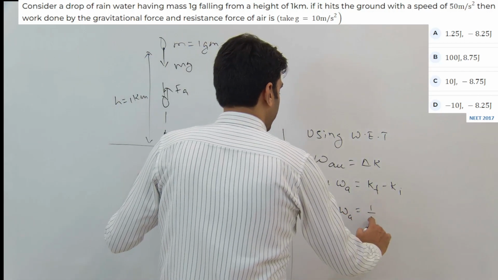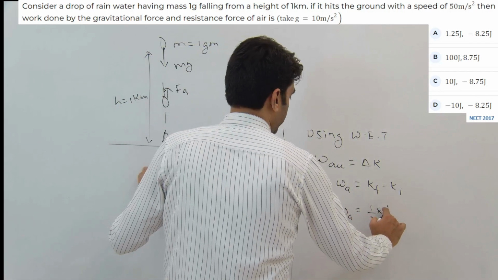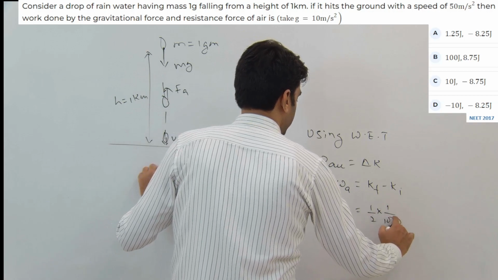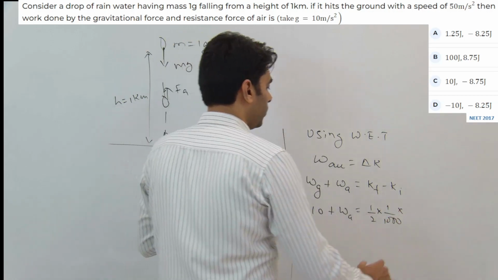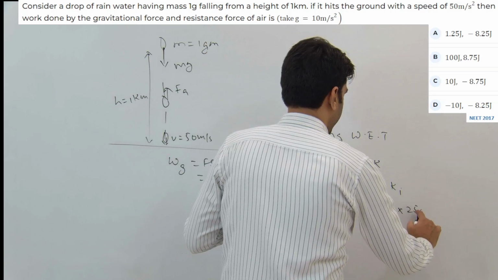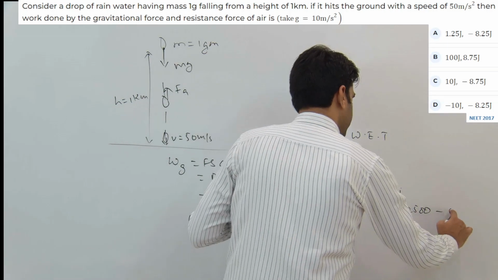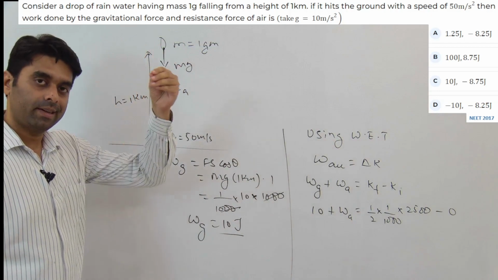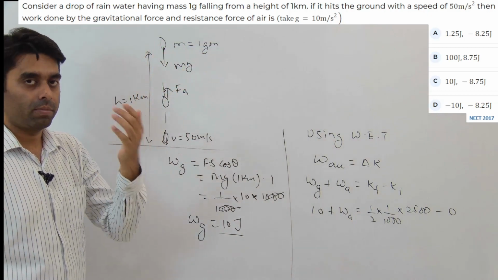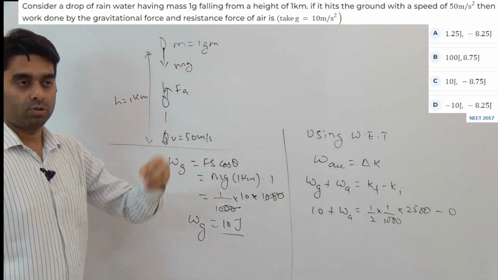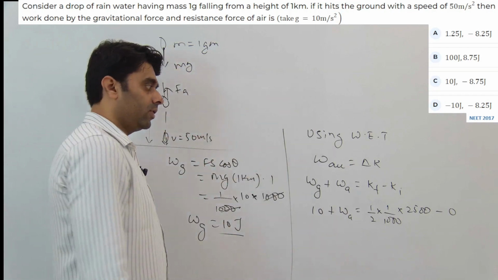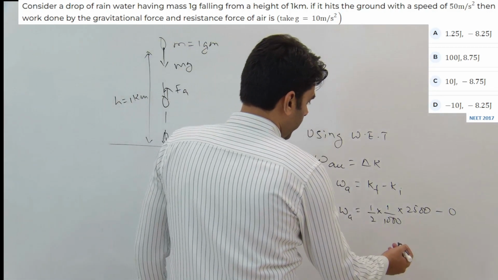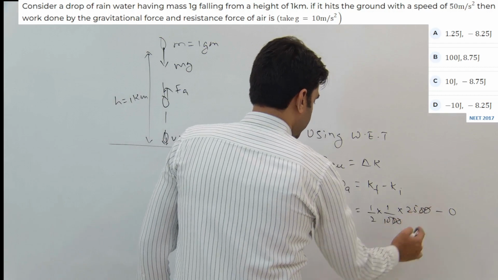So we can write 1 by 2 into m, that is 1 by 1000, into v square, 50 square will be 2500, minus initial kinetic energy, which is 0, because considering it starts from rest, it is released only. Sorry, water drop, no one is throwing it, it is released. So initial speed 0.